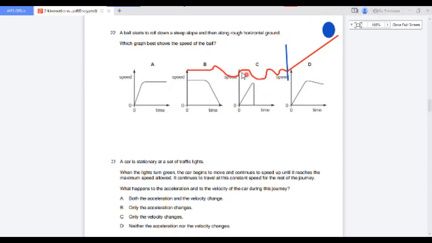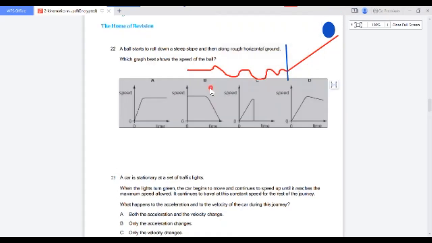So I think the most suitable graph would be D. And D is the correct option, and I think these are incorrect options.